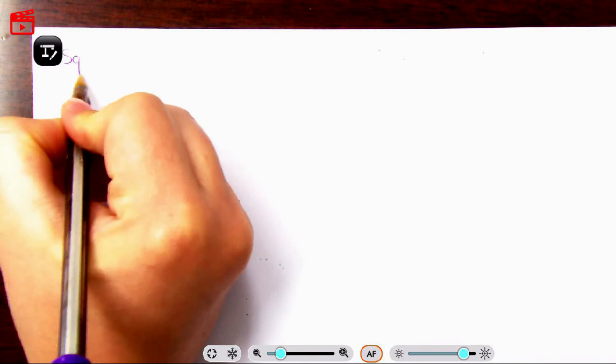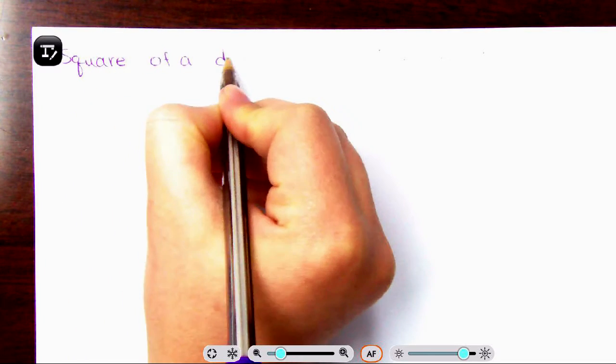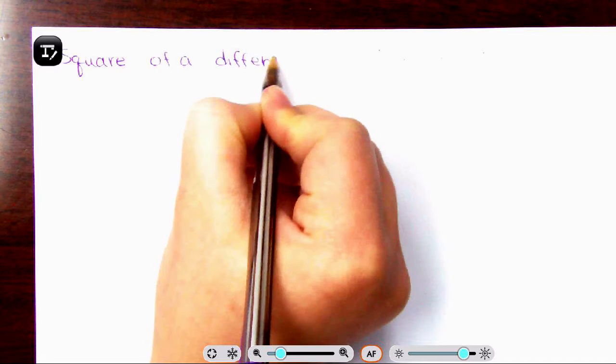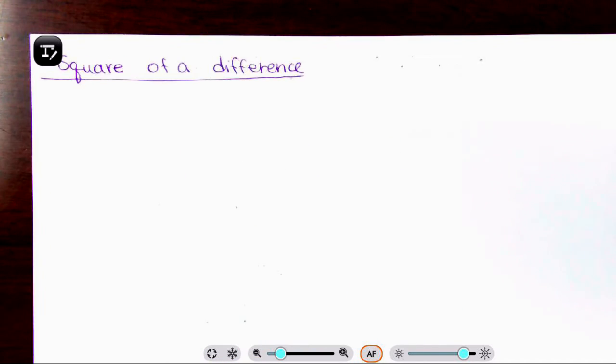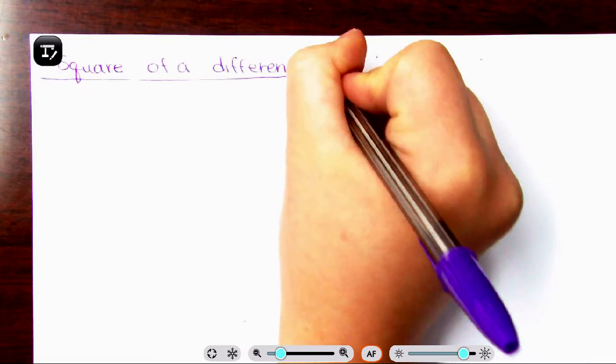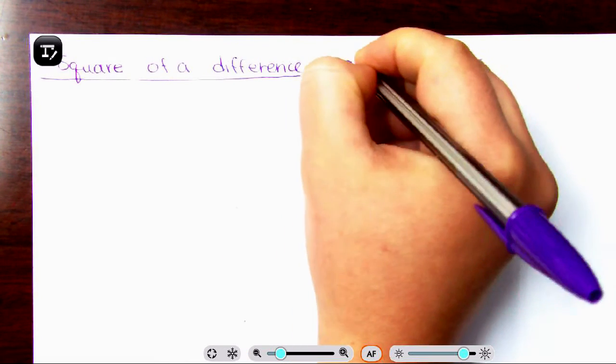All right, let's move on. Now we have square of a difference. The square of a difference is when the middle term is subtraction.